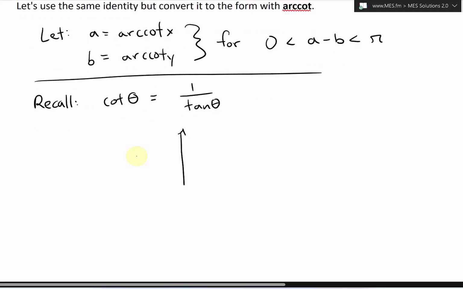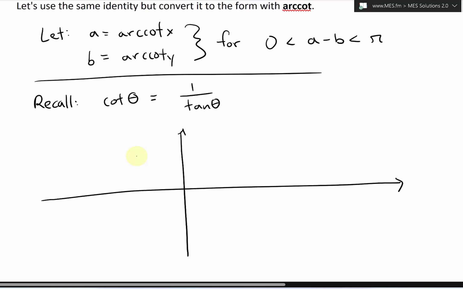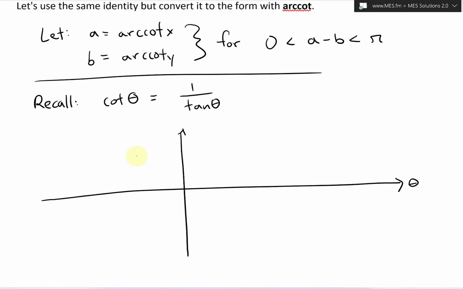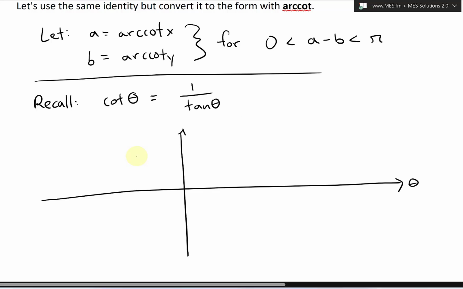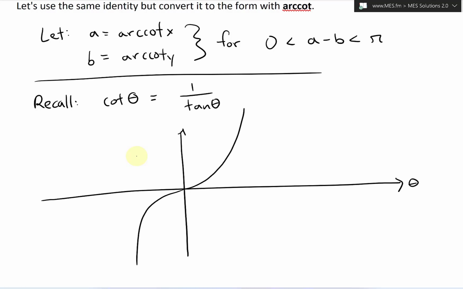That means first we've got to show the graph for tan theta, then cotan theta, then we'll look at arccotangent. So if we have a theta like that, and this right here goes up, so first, this goes up like this.